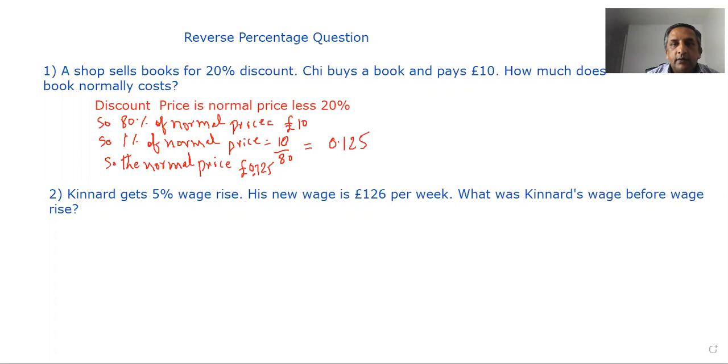Okay, let me rub it because it looks a little bit messy here. Now I'm going to write again here: 0.125, and we times it by 100. So what we get, the new price, will be £12.50. So this was the price which was before the discount, £12.50.